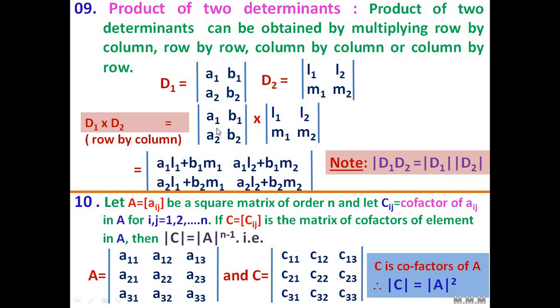Are you observing here? A1 L1 plus B1 M1, first row first column; first row second column, A1 L2 plus B1 M2. Again second row first column, A2 into L1 plus B2 into M1, A2 into L2 plus B2 into M2. That is the multiplication.